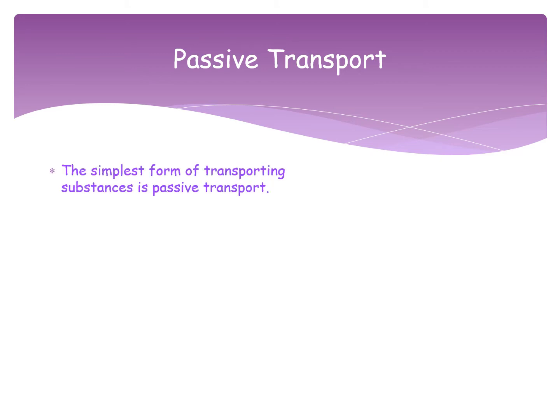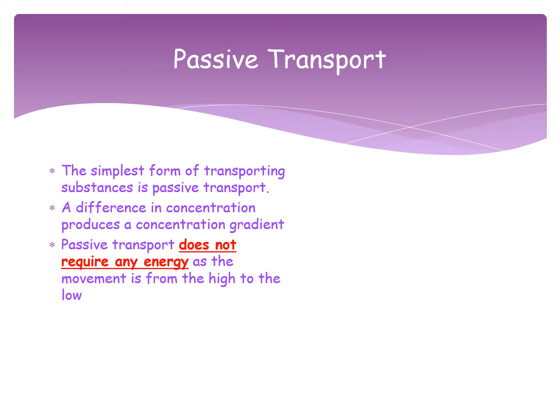It's the simplest form of transporting substances, and it has to have a difference in concentration for a concentration gradient to be produced for passive transport to take place. And passive transport does not require any energy as the movement is from high to low, so it's going down the way. High to low always means going down the way.